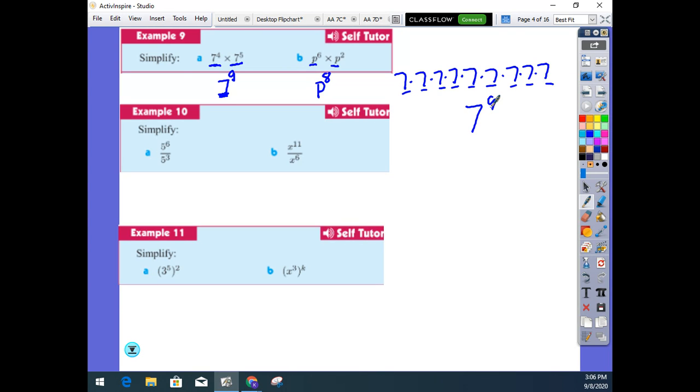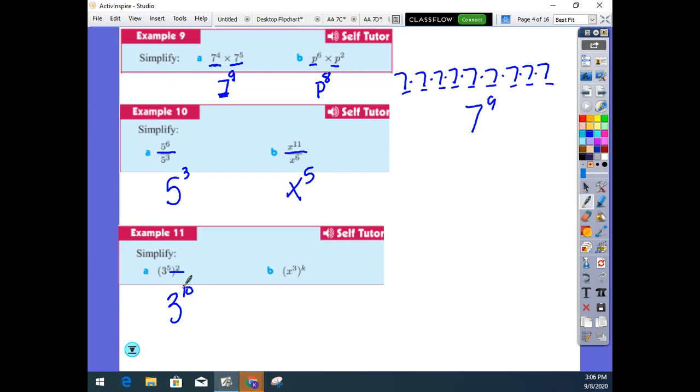All right, so I'm dividing bases that are the same, so I keep the same base, subtract the exponent. Power to a power. Keep the base, multiply the exponent.